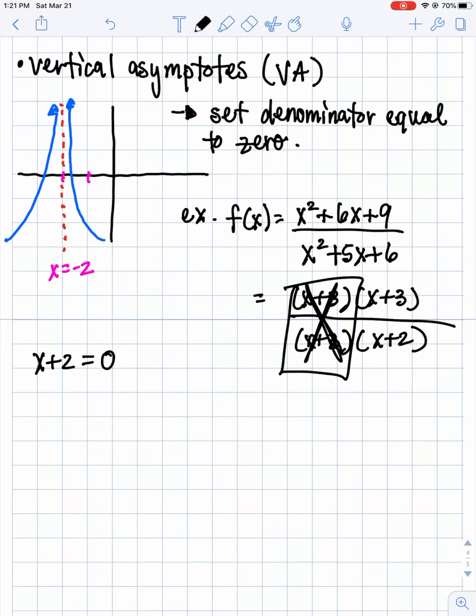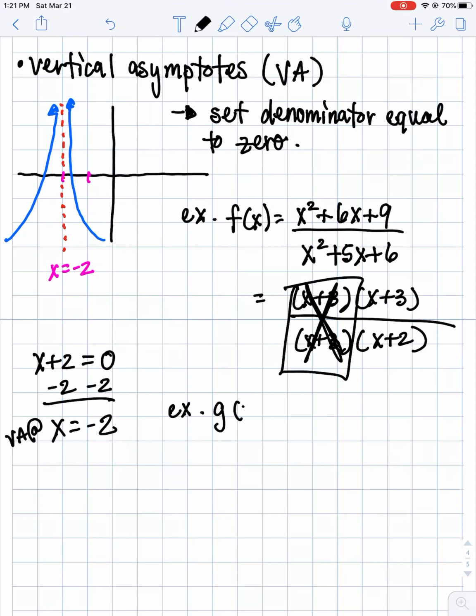So we set x plus 2 equal to 0, and when we subtract 2 on both sides, x equals -2. That is your vertical asymptote. So actually, I should write that the other way: vertical asymptote at x equals -2.